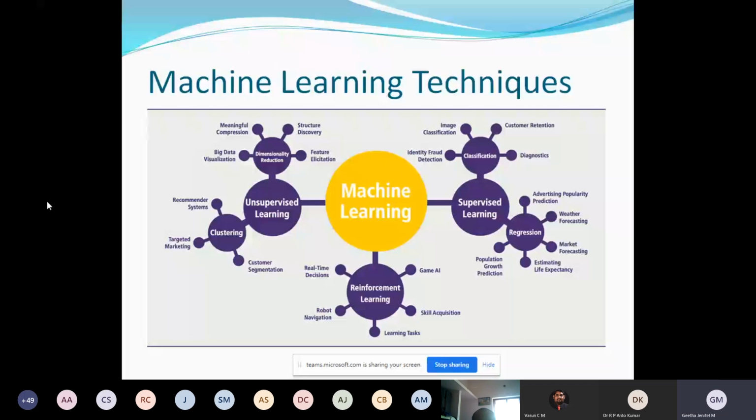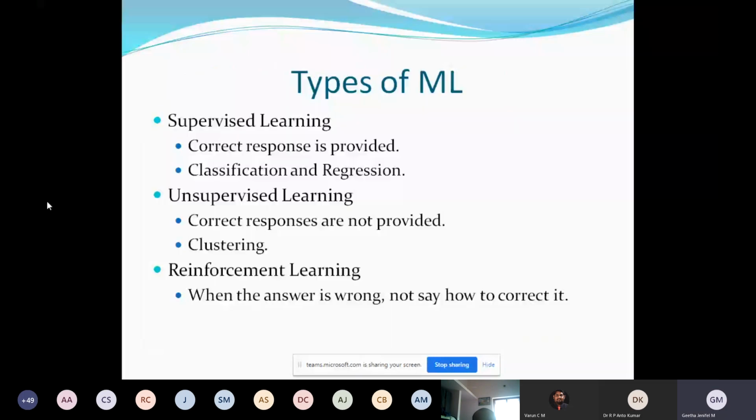First, supervised learning. Here, in supervised learning, a training set of examples with the correct responses is provided. That means the data set has a response variable also. Classification and regression, these two areas come under supervised learning.